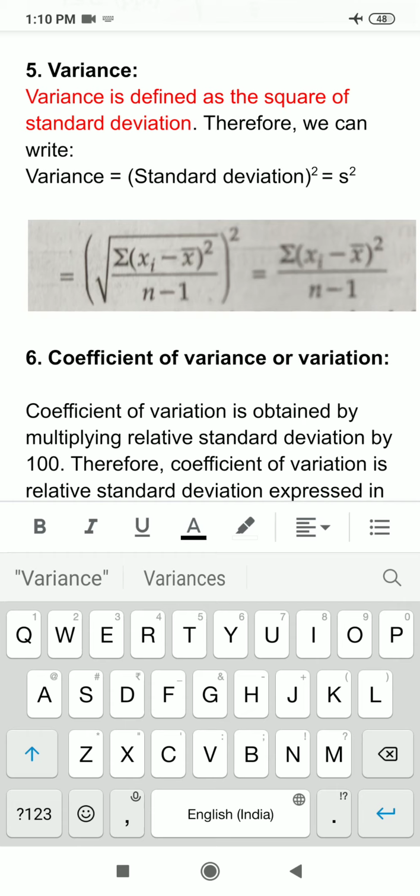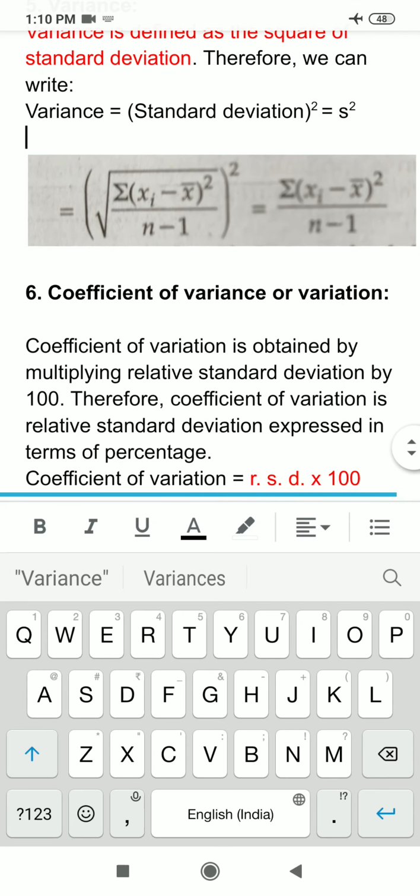So note here that in the large bracket I have written the whole square, the square of standard deviation, and since I have two under root terms, under root into under root means the under root cancels out. So I can write variance is equal to summation of xi minus x bar raised to power 2 upon n minus 1, because under root 2 into under root 2 means the term comes out of the under root. So this is variance, and the last term is coefficient of variation.